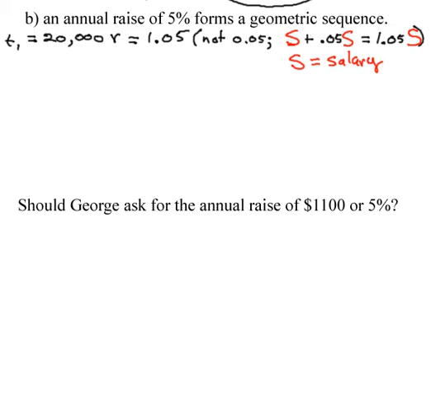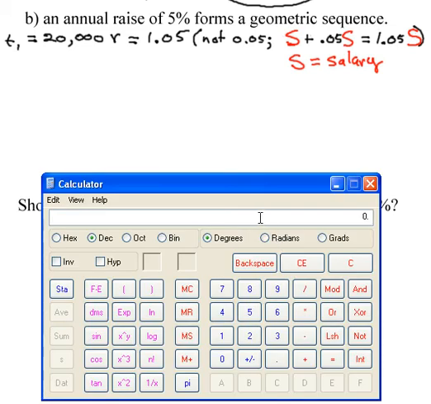Now, just for the sake of argument, if for some reason you thought it needs to be 0.05, let's try this out. Let's put in 20,000 and multiply that by 0.05, and we get $1,000. So actually the first year, George's raise is $1,000, not $1,100. But if we use the common ratio as 0.05, watch what happens next.